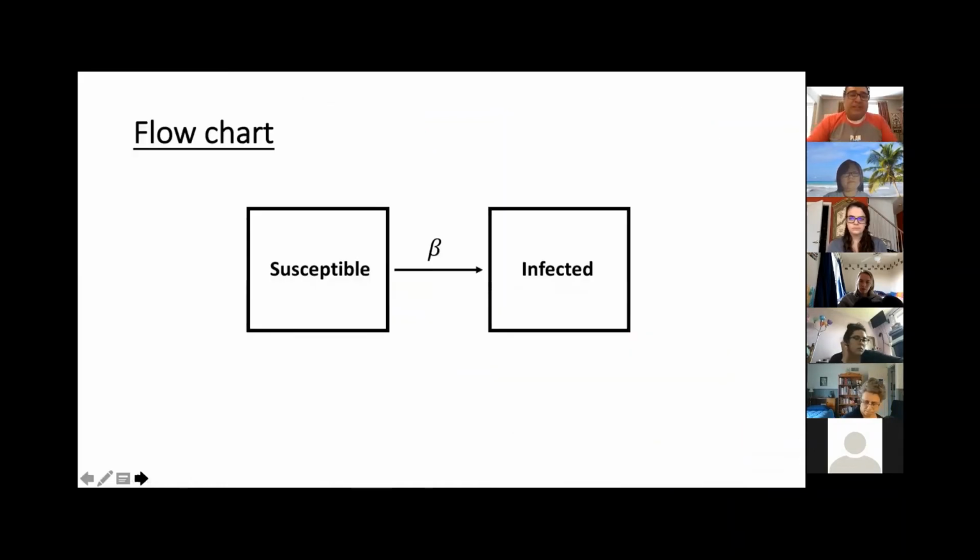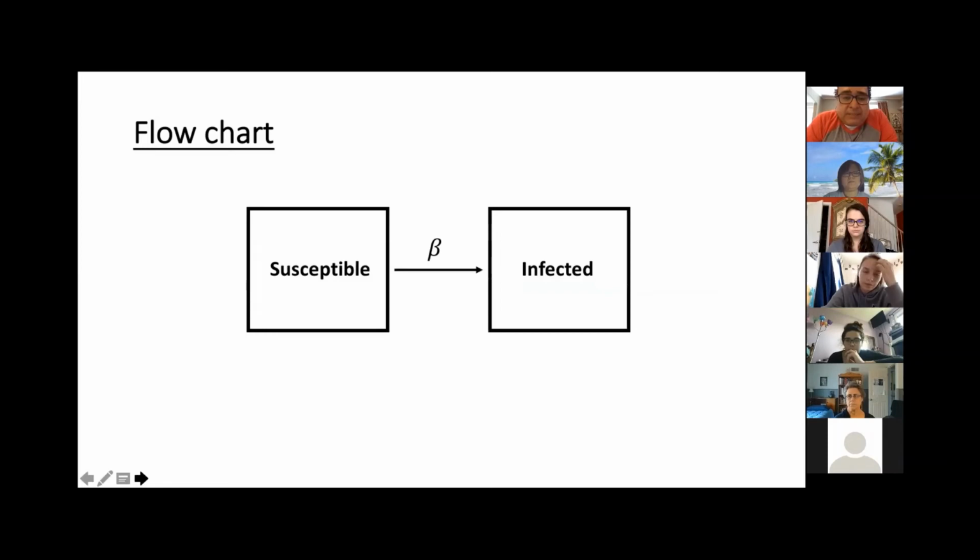So we can express this scenario using symbols in mathematics, and especially in mathematical biology, we construct what are called flowcharts. So the first compartment on the left represents the number of individuals that are susceptible. And the one on the right is the number of individuals that are infected.